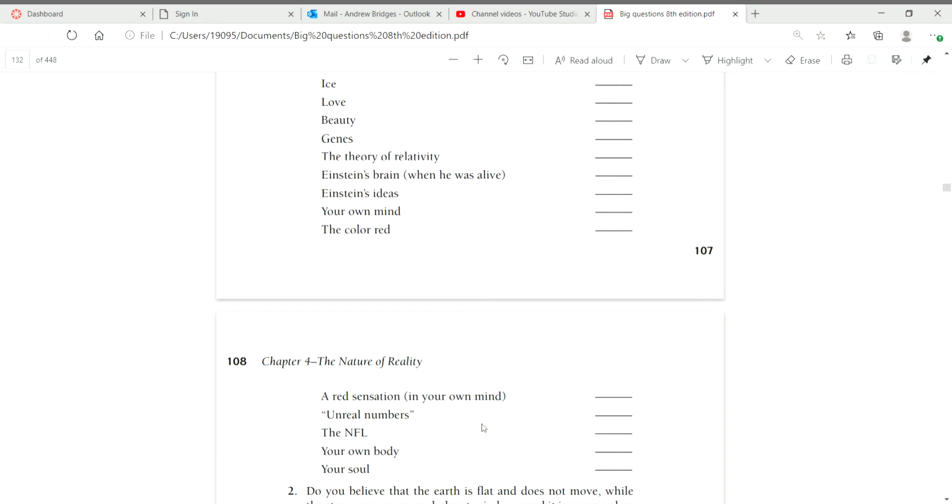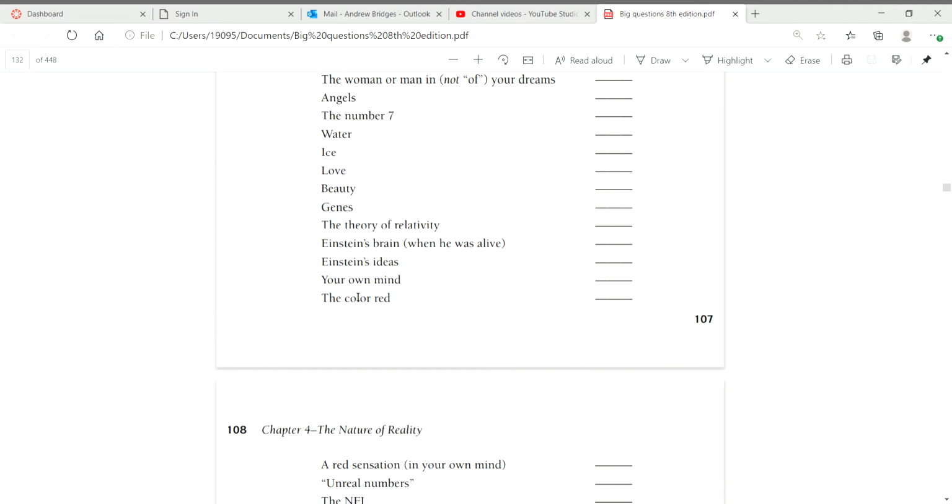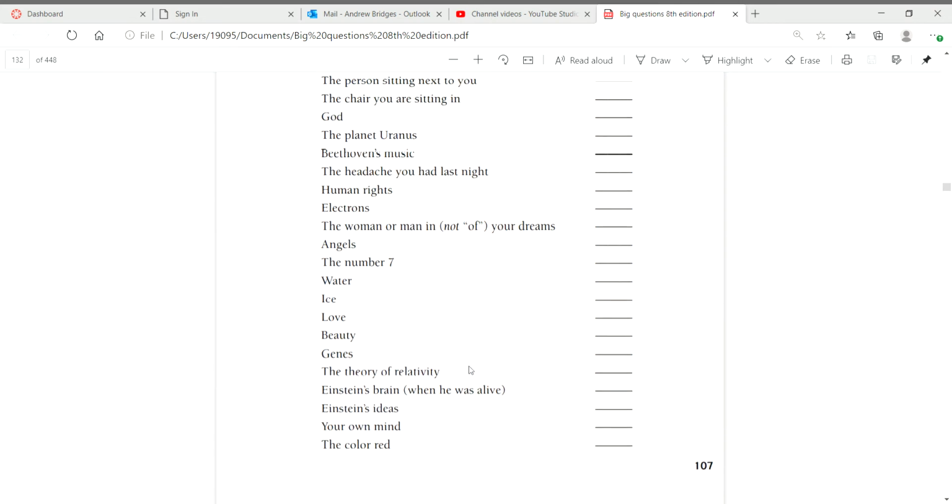If you don't believe in a soul, then your soul might not be real, but your mind, you might say, oh, I believe in a mind, but I don't believe in a soul. So you've got to try to rank these things in the reality given the amount of reality you think they have.